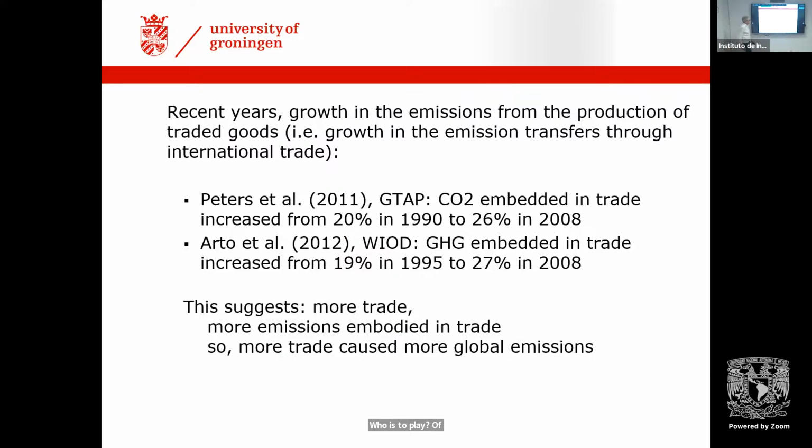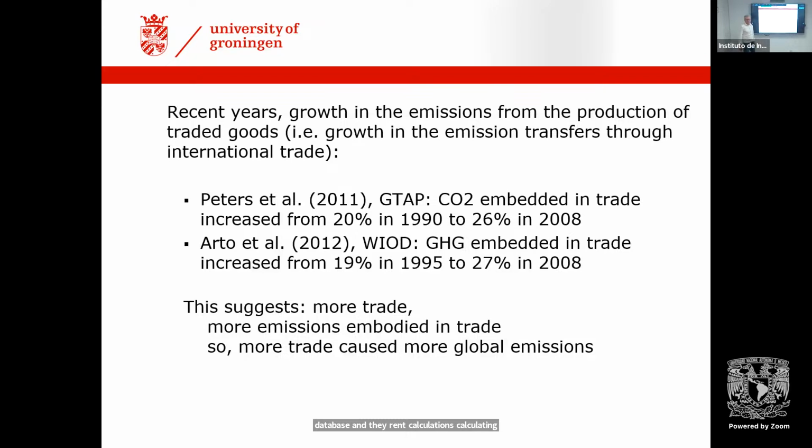So at that time, in recent years, growth in emissions from the production of traded goods increased tremendously. So emission transfers through international trade. There were papers by Glen Peters and friends that used the GTAP database, and they ran calculations of the CO2 that was embedded in trade.